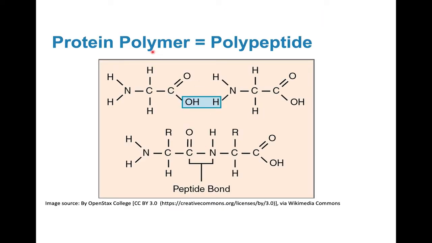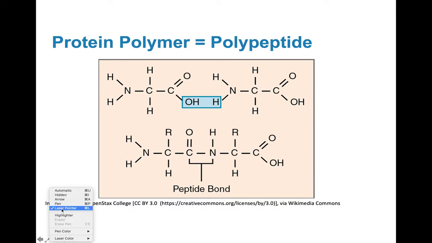Now, how do you make protein polymers? It's the same reaction that I've been talking about all the time. It's a dehydration synthesis reaction. A hydroxyl functional group is removed from the carboxyl end of an amino acid, and a hydrogen is removed from the amino end to make water, and then a covalent bond is formed between the carbon and the nitrogen, forming a peptide bond.